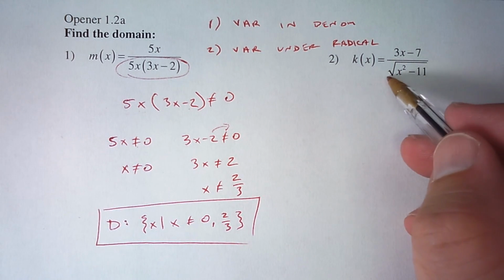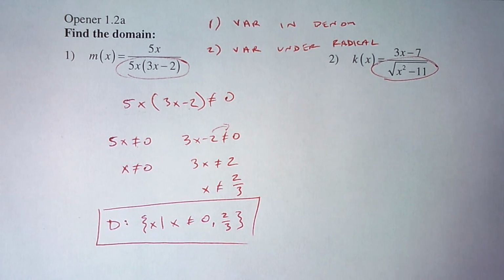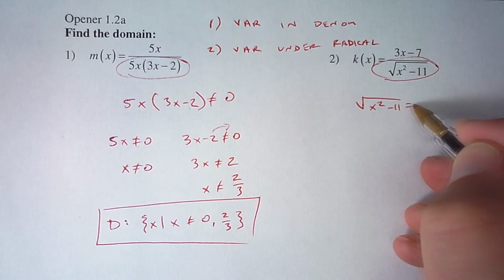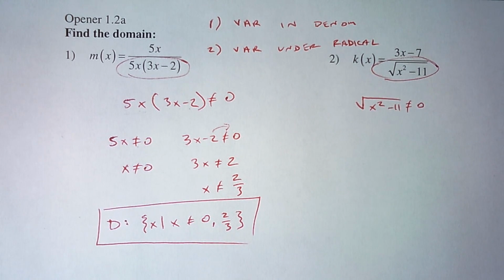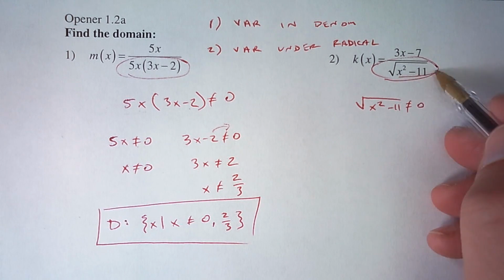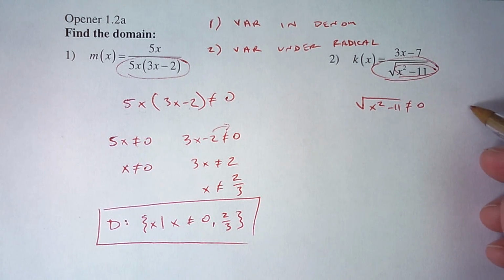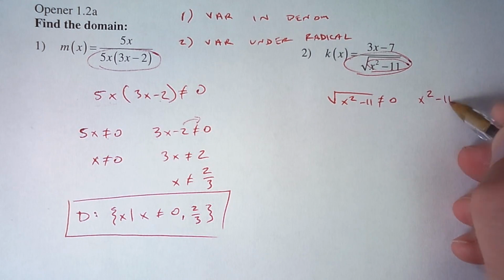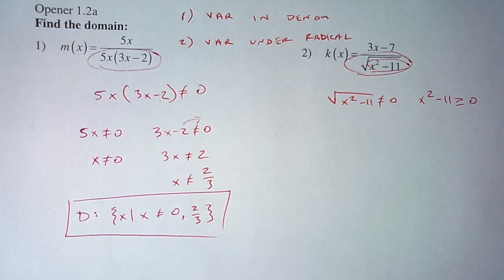In number 2, I have a denominator with a variable, so I can say that denominator cannot equal 0. I also have a variable underneath a radical, so I can say that what's under that radical, x squared minus 11, cannot be negative, so it has to be greater than or equal to 0.